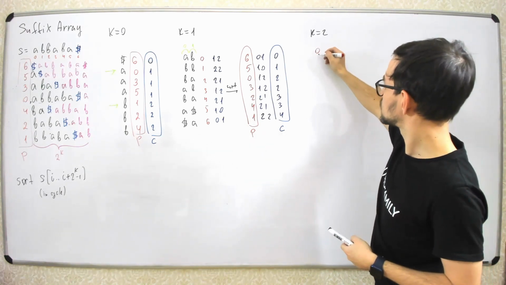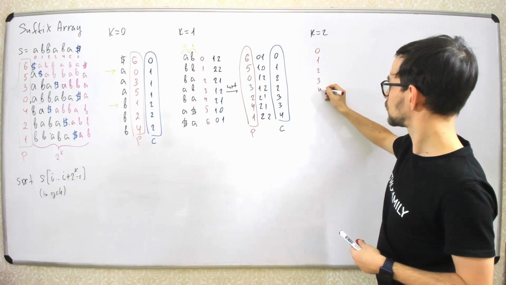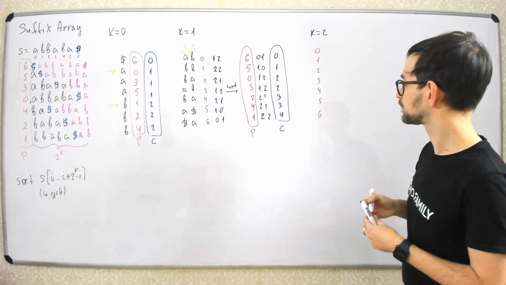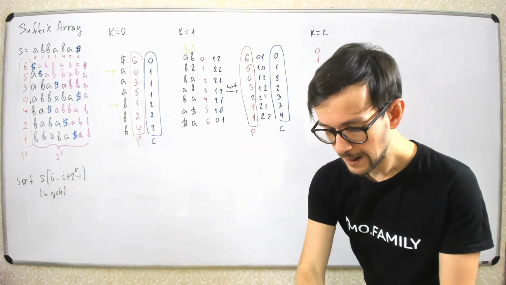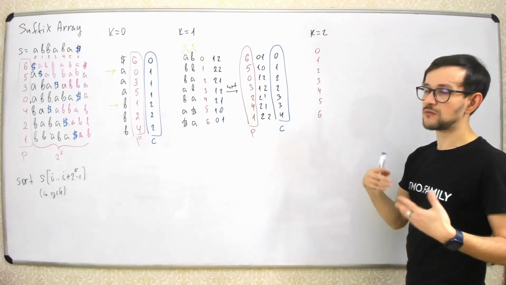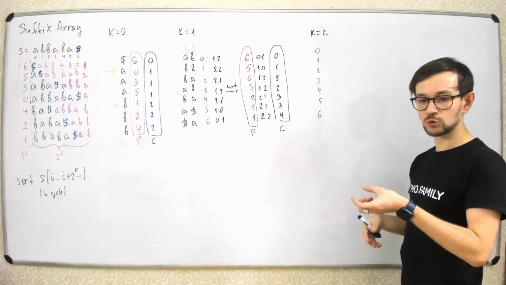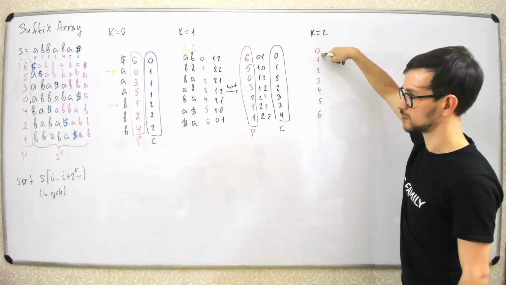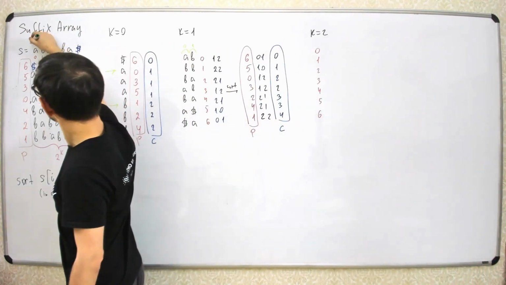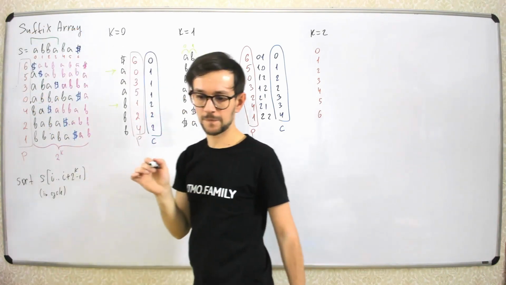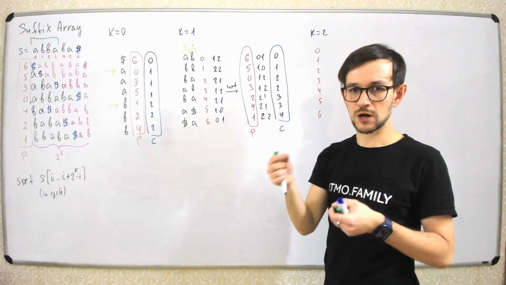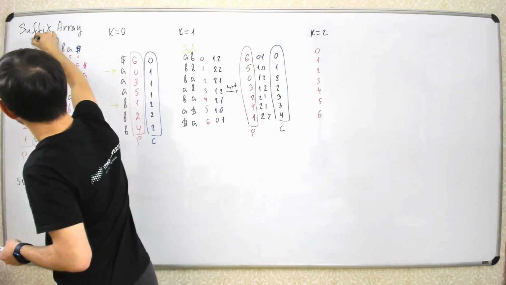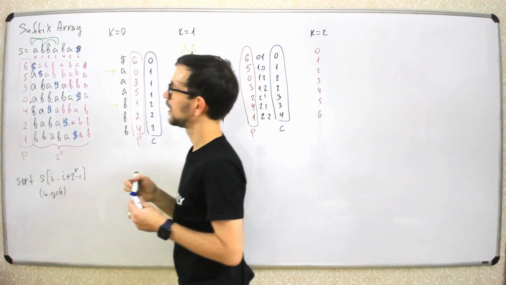So of length 4 we have 0, 1, 2, 3, 4, 5, 6. Now for each string of length 4, we need to split it into 2 halves again. String in position 0 is this string. We need to split it into 2 halves. It will be this and this.